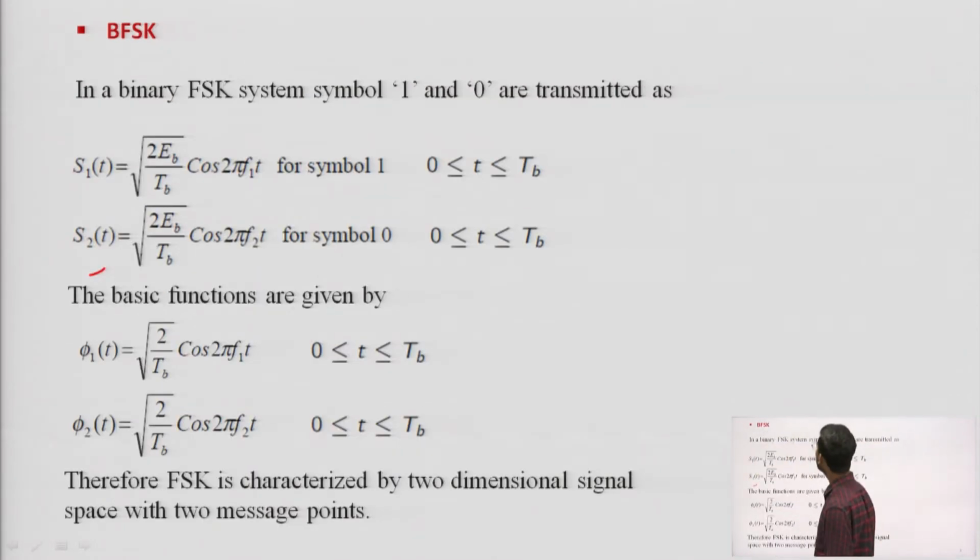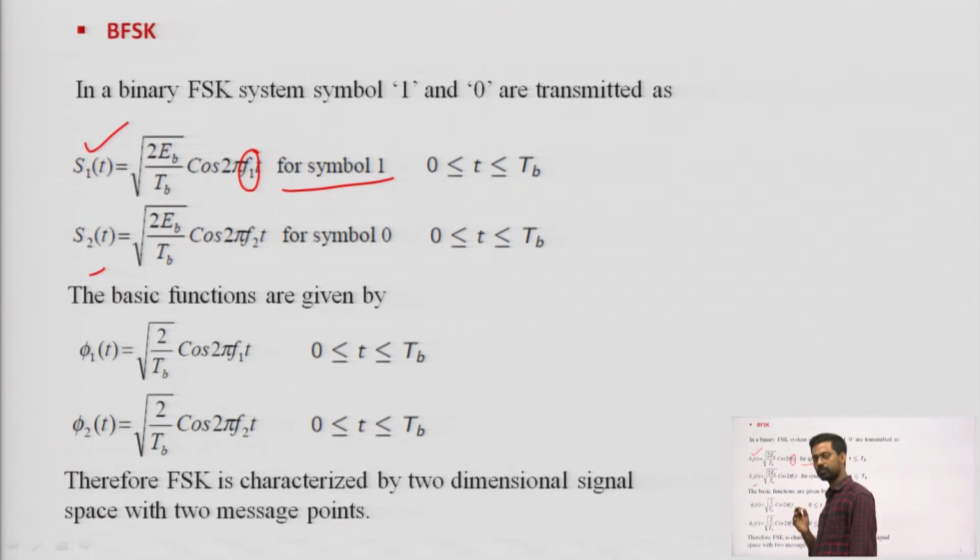Now, in the binary FSK system, symbols 1 and 0 are transmitted as S1(t) = root(2 EB by TB) cos 2 pi F1 t for symbol 1, and S2(t) = root(2 EB by TB) cos 2 pi F2 t for symbol 0.